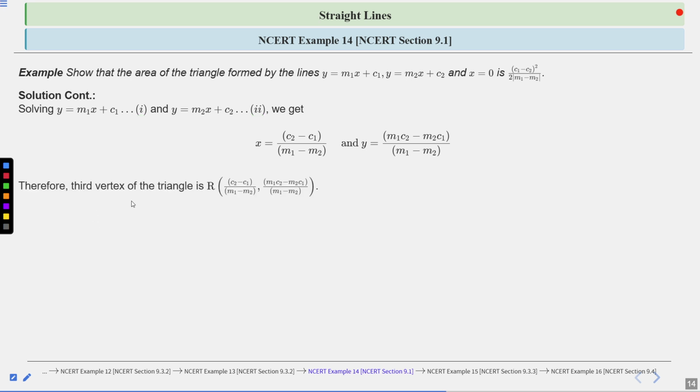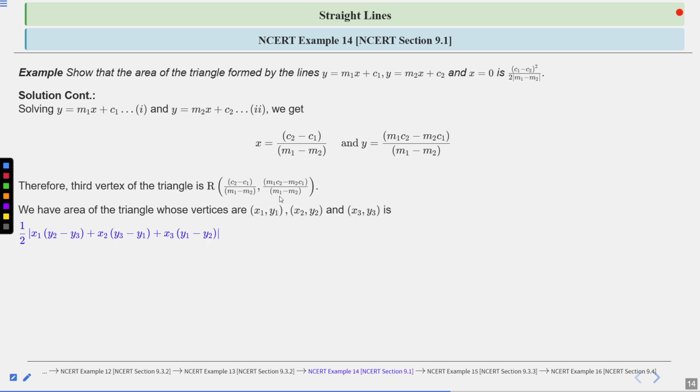Therefore the third vertex of the triangle is R, (c2 minus c1 divided over m1 minus m2, m1 into c2 minus m2 into c1 divided over m1 minus m2). Okay, so this is the third vertex of the triangle.